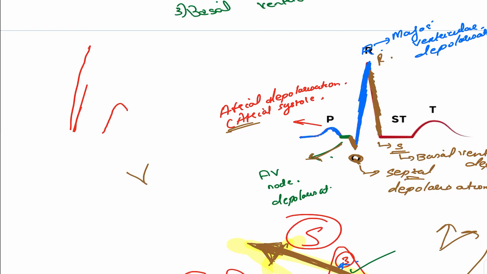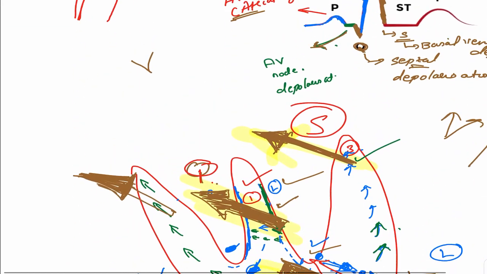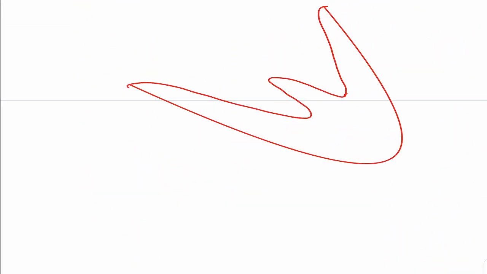Now what happens next in the ventricles? Imagine this is the same ventricle, this is the septum. What we saw just now was a spread of positive depolarization until the entire ventricle was depolarizing everywhere.